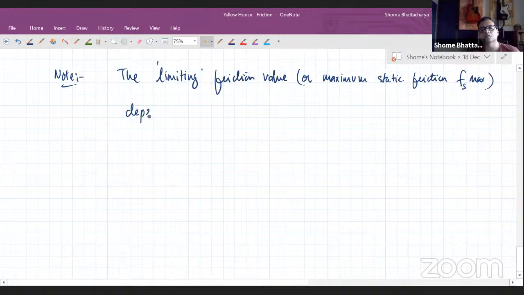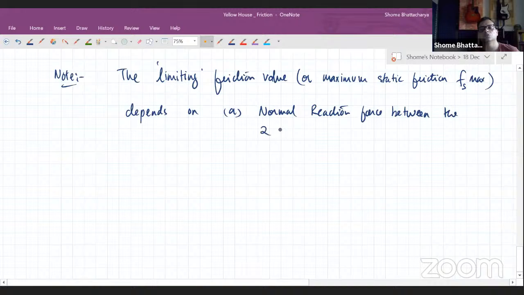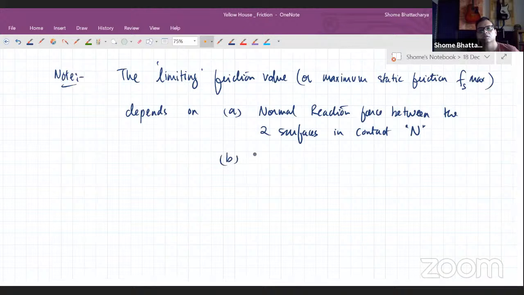It depends on two things. The normal contact force or the normal reaction force between the two surfaces in contact, which we generally denote with the symbol N. And the second thing is it depends on the material of both the surfaces.